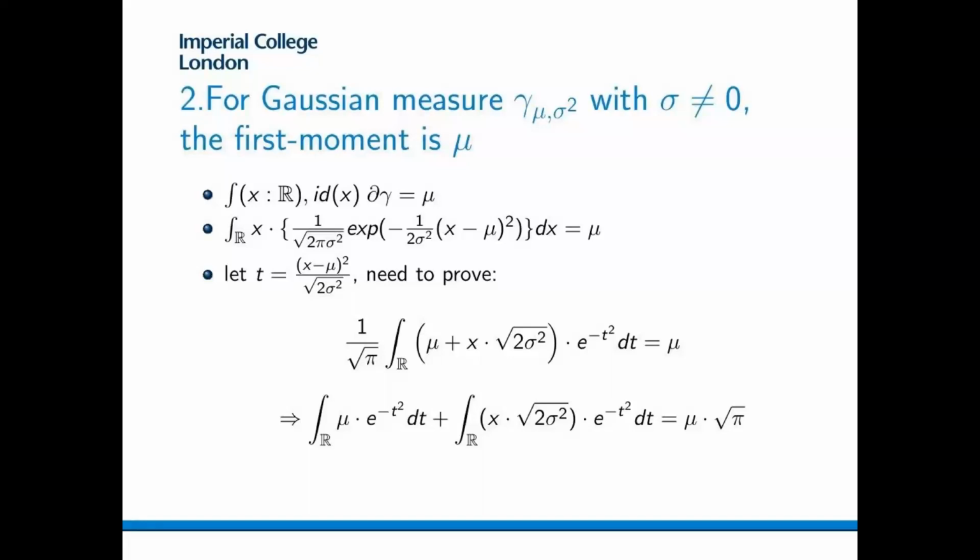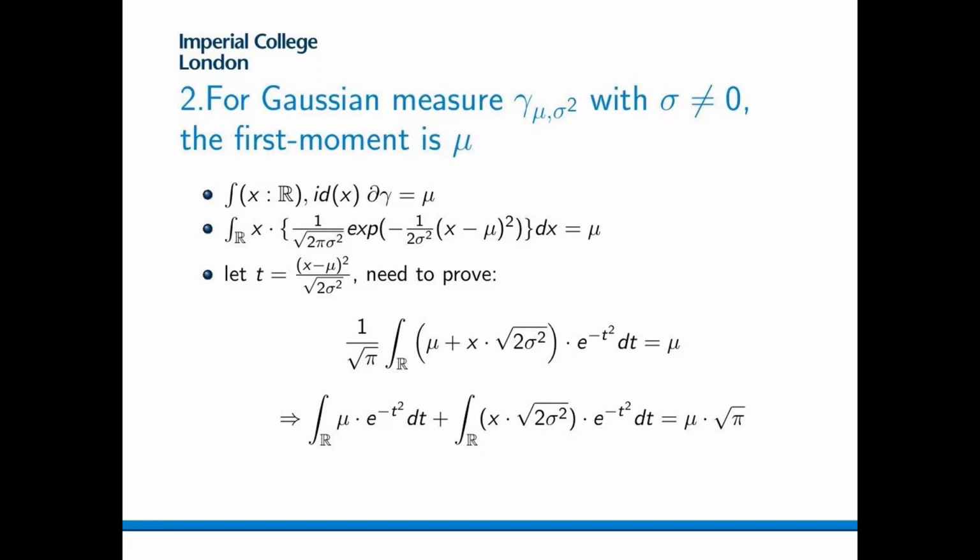If we convert the integral in terms of the Gaussian measure to the Lebesgue measure with this substitution here, we can change the integral to this form, and the left-hand side of the equation can be split into the sum of two integrals.